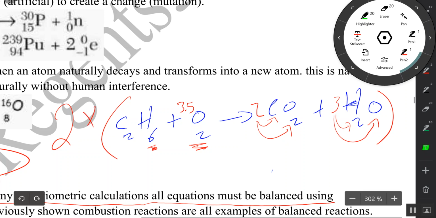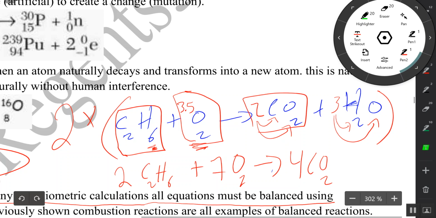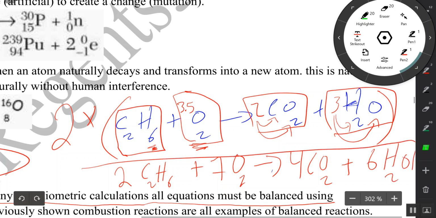So you'll end up with this C2H6, you only had 1 of it, now you're going to have 2 C2H6. Plus this O2, you had 3.5 of it, now you're going to have 7 O2. Yields, you had 2 CO2s, now you're going to have 4. Again, I'm multiplying by 2. That's all I'm doing. Plus this 3 H2O, now you're going to have 6 H2O. So this will be your balanced reaction.